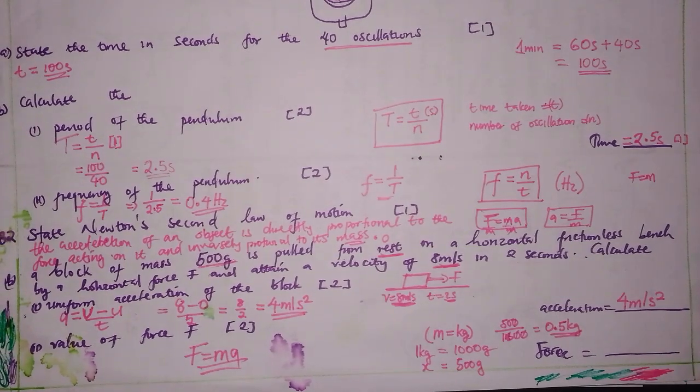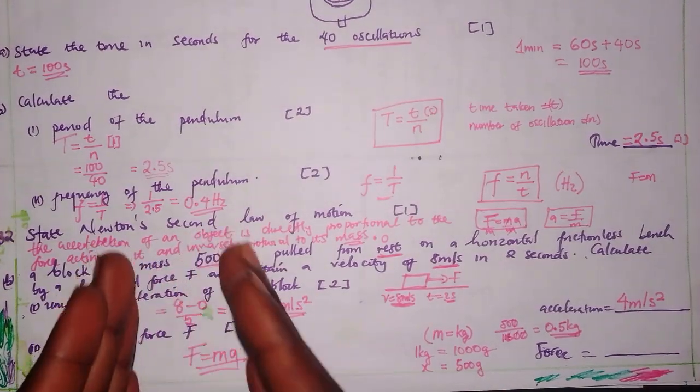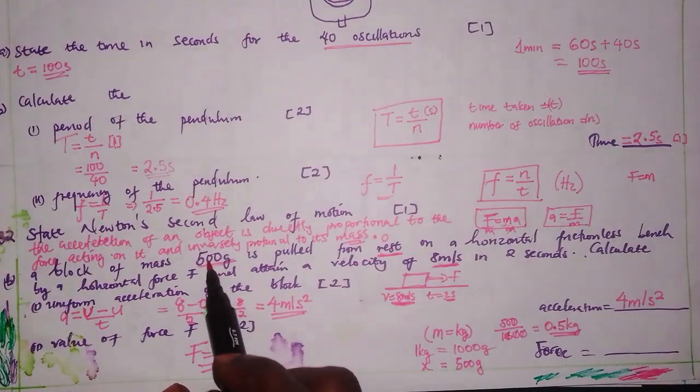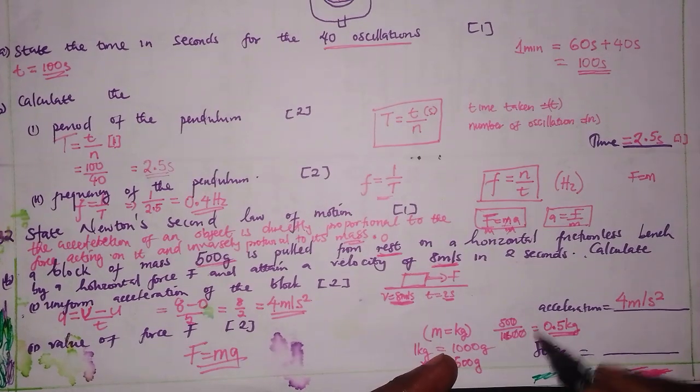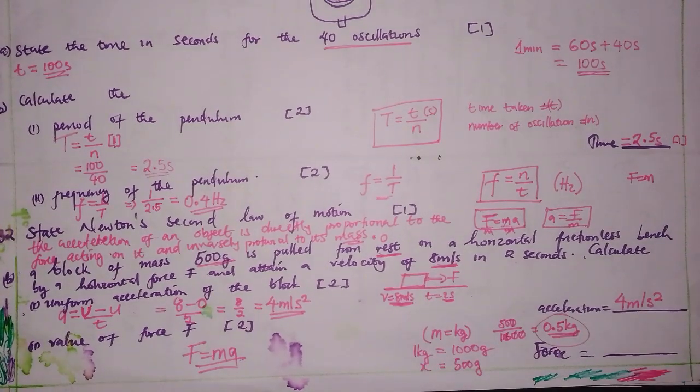So our mass is 0.5 kg and not 500 grams. The moment you use 500 grams to solve, your answer becomes wrong. So we are supposed to use 0.5 kg.